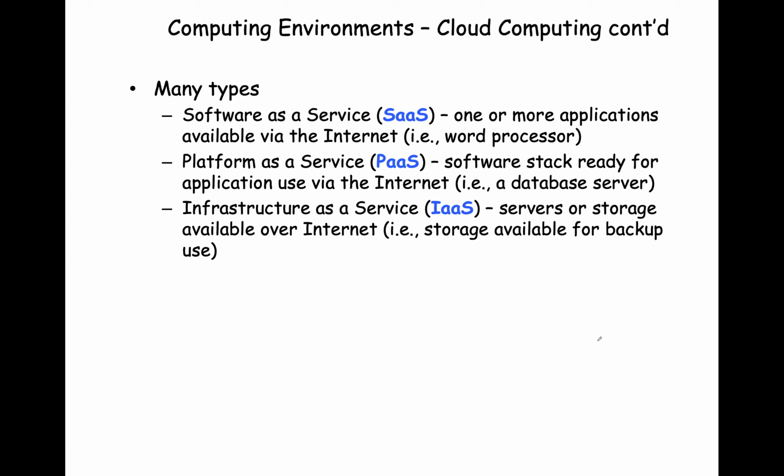And so there's all sorts of services you can deliver. Software as a service is kind of like an application. So when you go to Google Docs or Google Applications, you bring up your browser, you connect to it, and now all of a sudden you can use a spreadsheet or word processor right in your browser. There's also something called platform as a service. Platform as a service is a software stack that's tuned for certain types of applications. Suppose you want a database-backed web service for a shopping site or commerce.